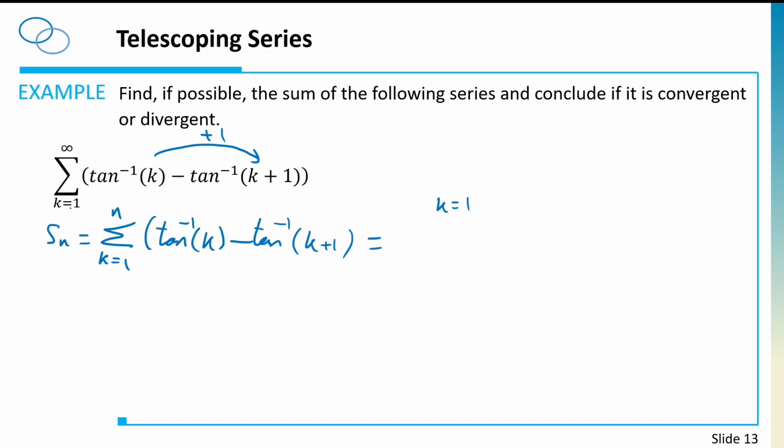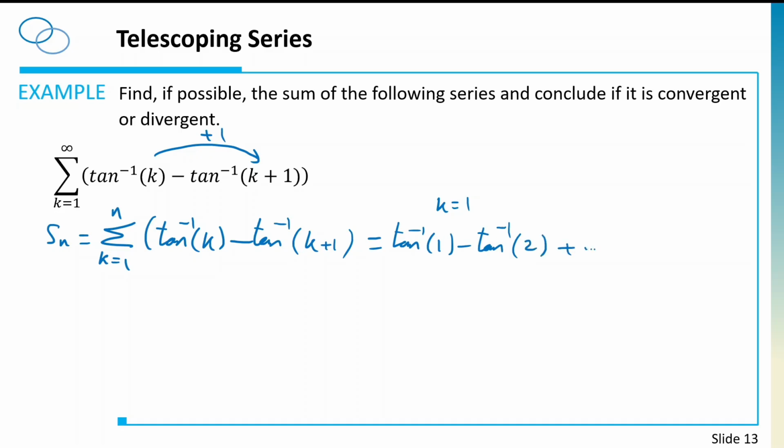Not always do they start with 1. Sometimes they start with 0 or anything else. So you always need to keep your eye on the index. So you replace according to the first number in the index. Here k starts from 1. So this is tan inverse of 1 minus tan inverse of k plus 1, which is 1 plus 1, 2.